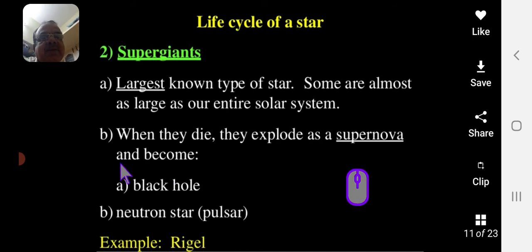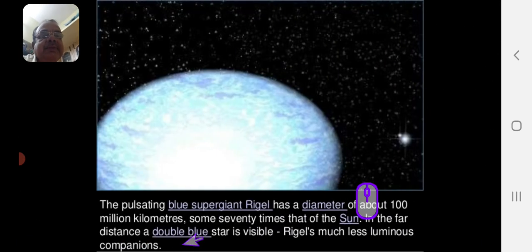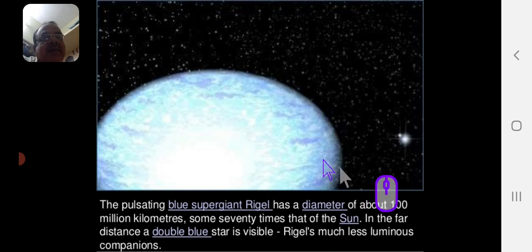A neutron star is also called a pulsar. One example is Rigel. This is the picture of the supergiant Rigel, which has a diameter of about 100 million kilometers, some 70 times that of the sun.